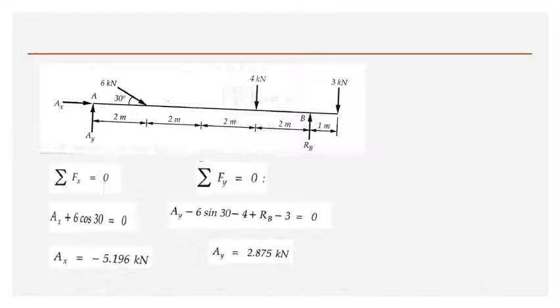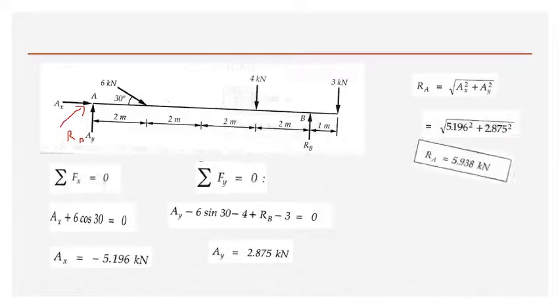Okay. So next is combining these two forces to get the single reaction. Combining the two forces, we get the single reaction, that is Ra. How to find out Ra? Applying Ra is equal to under the root Ax square plus Ay square. We know Ax 5.196, Ay 2.875. Substitute. We get Ra.